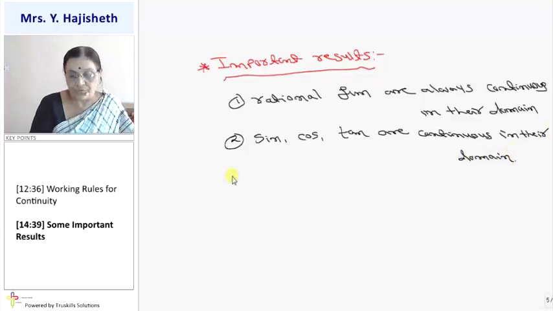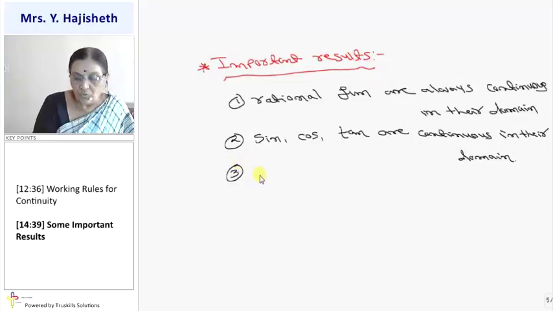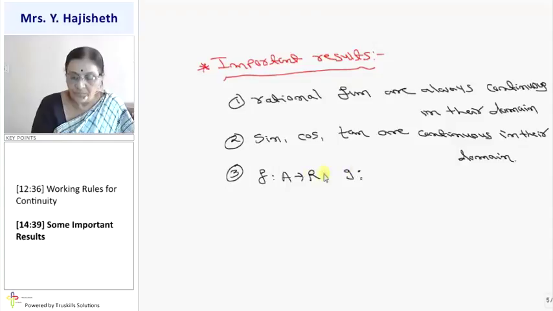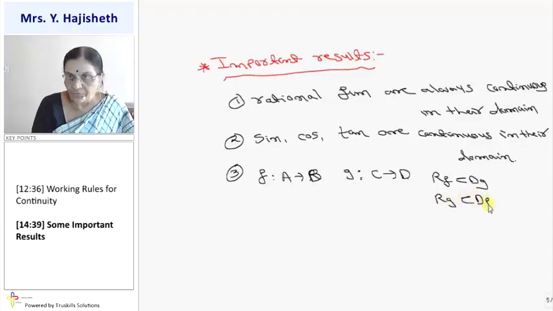Then composite functions. You know, suppose f is a function from A to R, g is a function from A to B, and g is a function from C to D. Range of f is a subset of domain of g and range of g is a subset of domain of f.